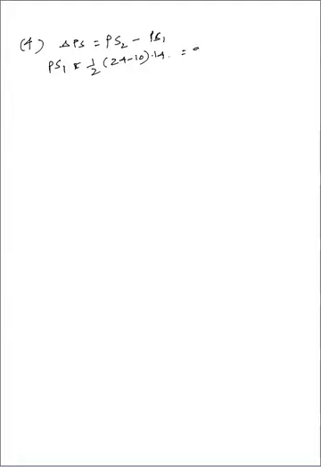PS2 will be half times 20 minus 10 into 10, which is 50. So your change in producer surplus will be 50 minus 98, equals minus 48. Is it clear?